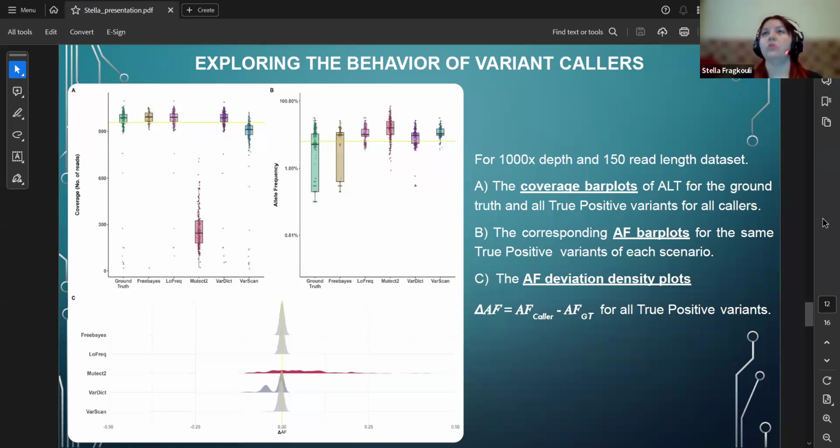For example, if it was detected at 25% allele frequency, then we would say that we had 5% off. So this is in principle what you see in the bottom panel. We see that all of the densities center around 0, which is good. That means that they are all equal to the ground truth. But again, we have some peaks and some deviations throughout the whole spectrum of the deviation.